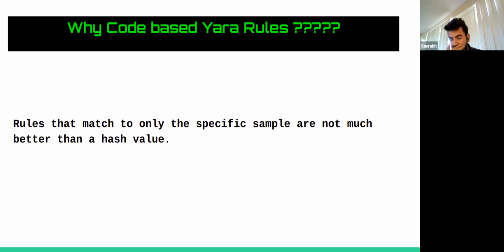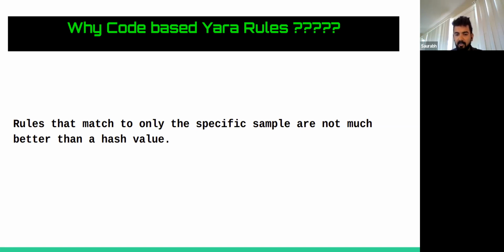GandCrab is a ransomware. It was way before WannaCry. GandCrab has evolved into REvil and Sodinokibi right now. They are still active. If you had written an efficient rule when GandCrab first came, that rule would detect and prevent GandCrab 1, 2, 3, 4, 5, all of those versions.